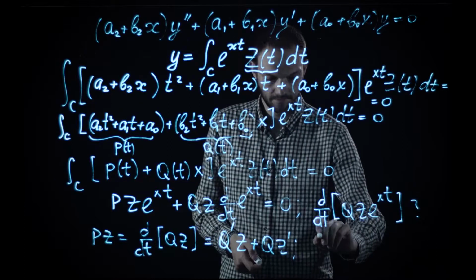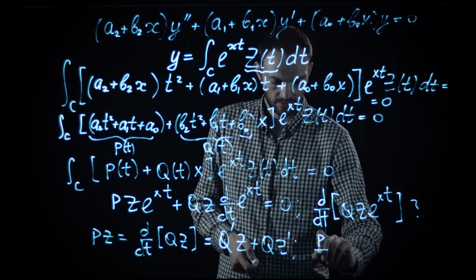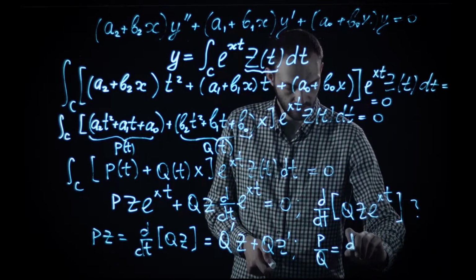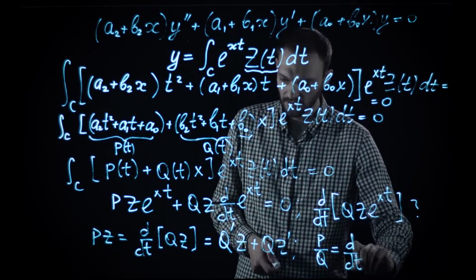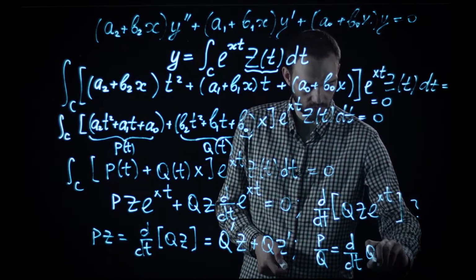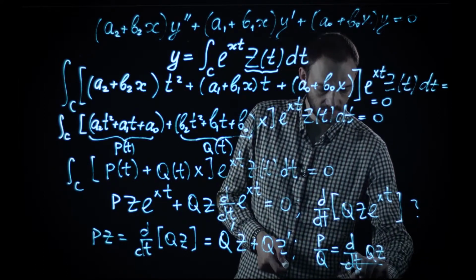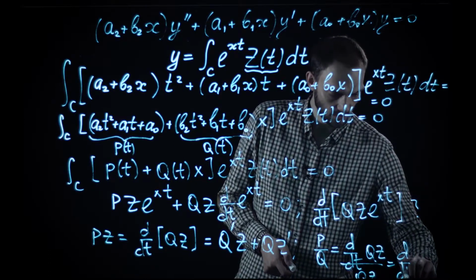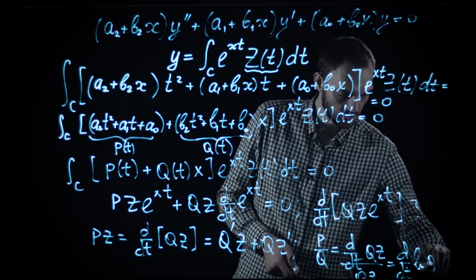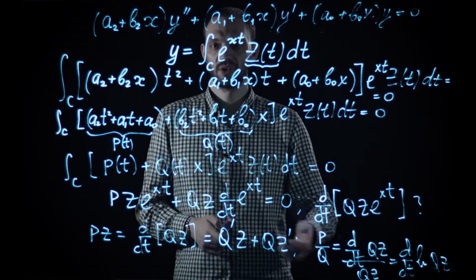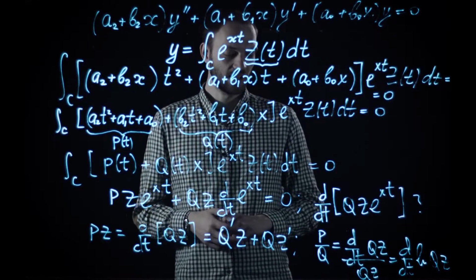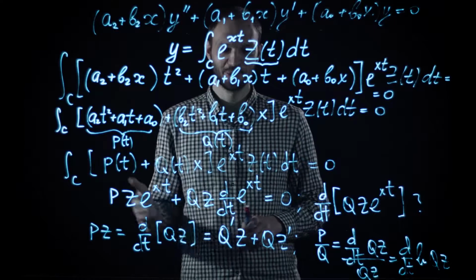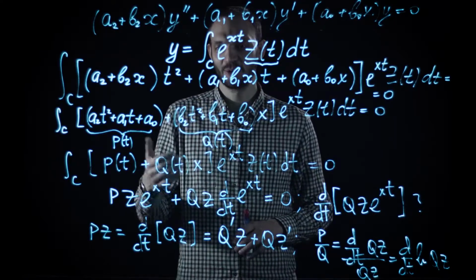As a result, we have p over q equal to d over dt of qz divided by qz, which is just the derivative of the log of qz. With this, we have already almost achieved our final goal, and this equation is easy to integrate, but apparently there is no room on this slide, so let's go on with a clear blackboard.